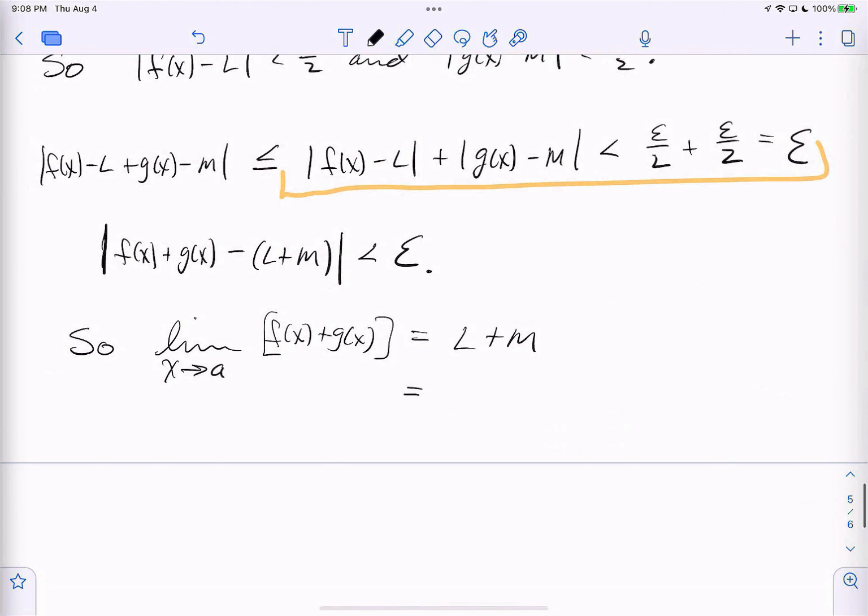But remember, L was the limit as x approaches a of f of x, and m was the limit as x approaches a of g of x, and now we have the limit of the sum is equal to the sum of the limits, which is what we wanted to prove.